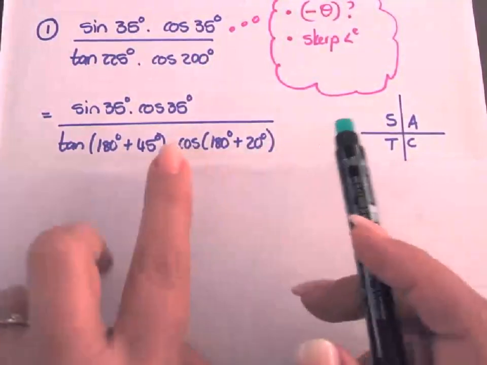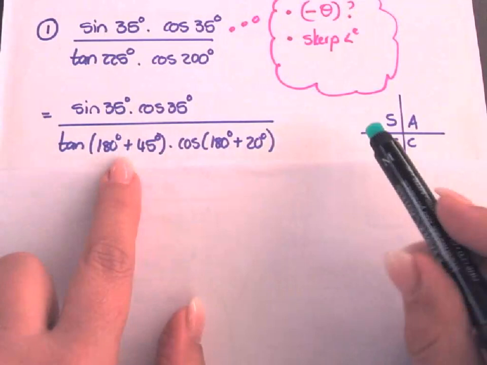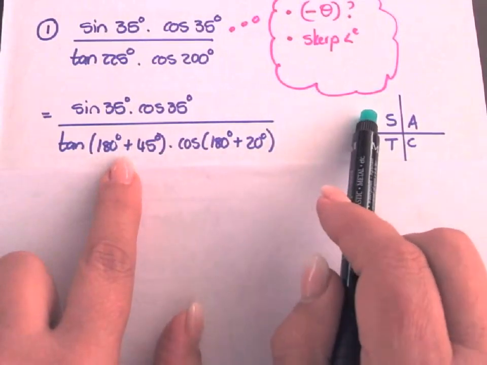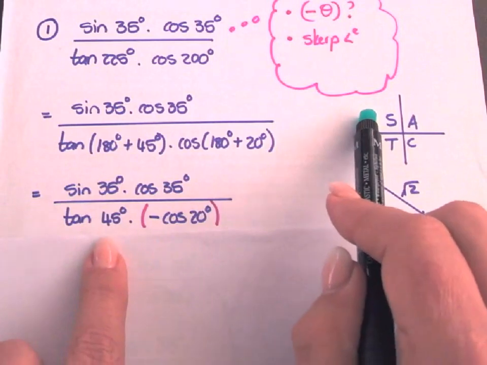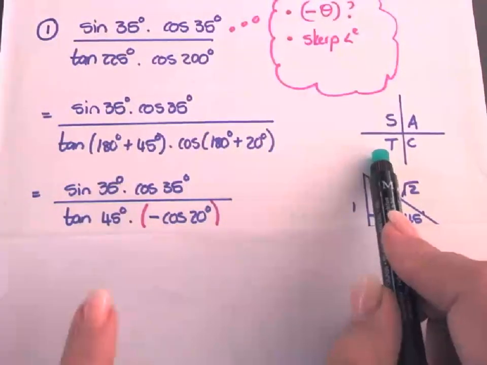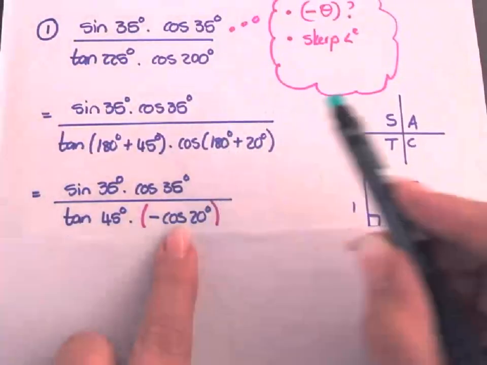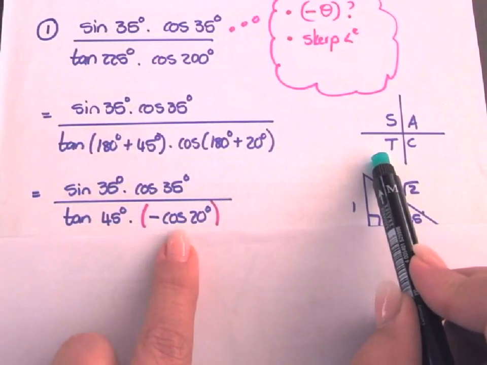Now you look in which quadrant they lie. This one is in the second quadrant, and this one in the third quadrant, and tan is positive. The next one is also in the third quadrant, and cos is negative.